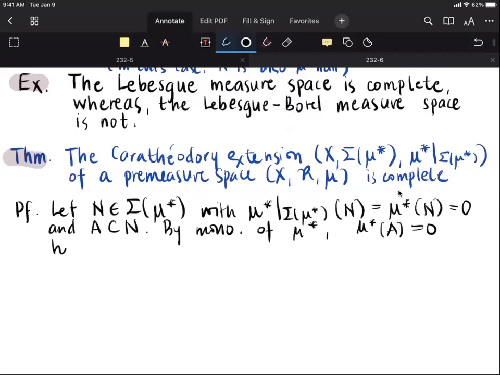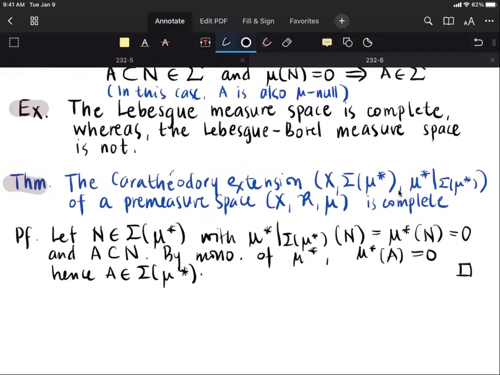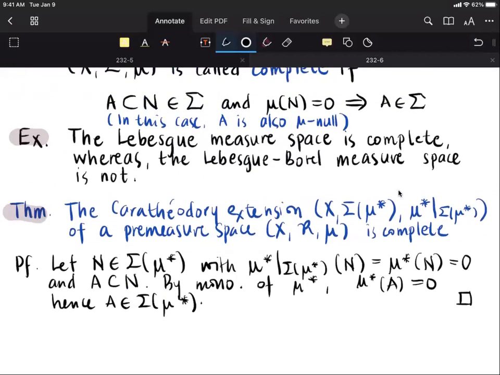Hence A is measurable as well, since we already established that sets having outer measure 0 are measurable. And that is completeness. Any subset of a mu null set with respect to this measure is again mu null.